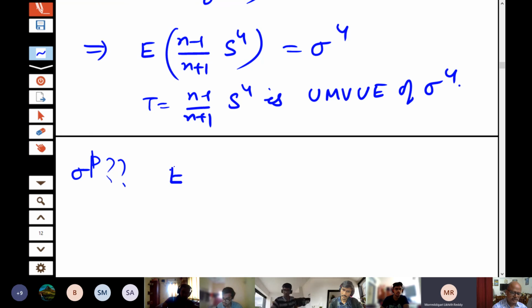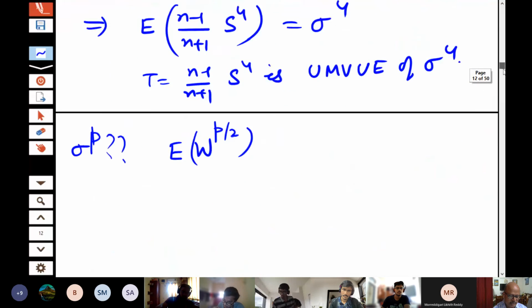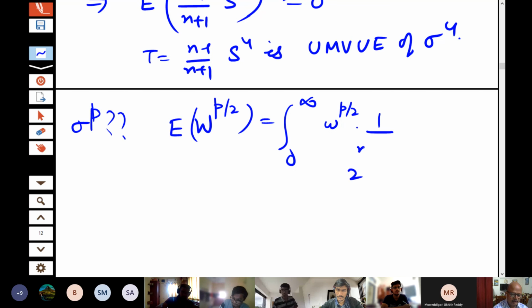So you consider expectation of w to the power p by 2 because w is having s square by sigma square there. So if you consider expectation of w to the power p by 2, that should give you a term which will involve sigma to the power p. That will be enough. So w to the power p by 2, and you write down the density function of chi square on n minus 1 degrees of freedom.